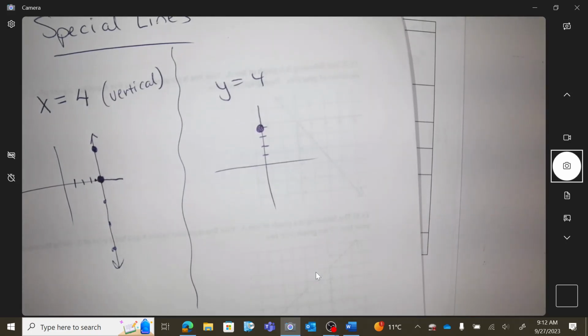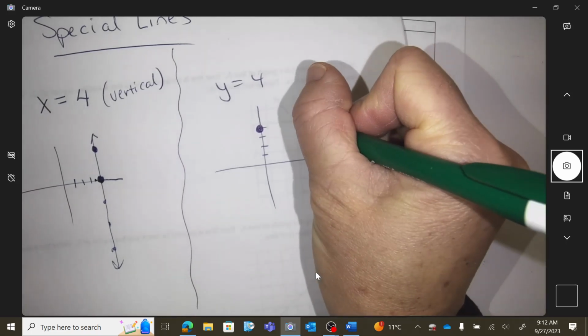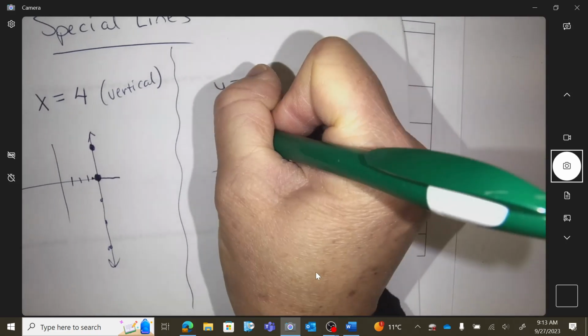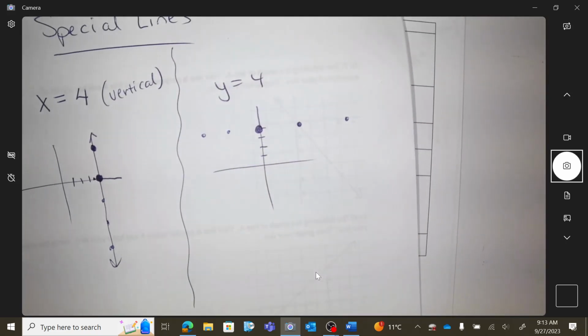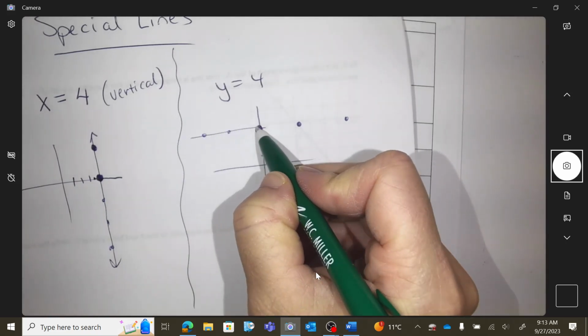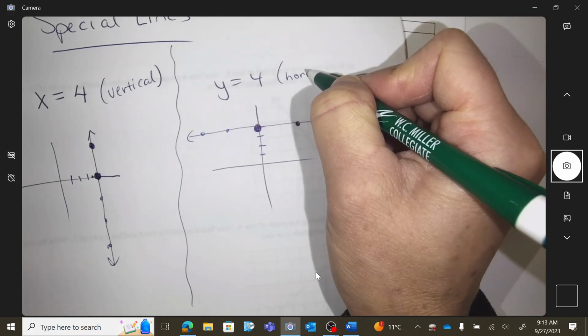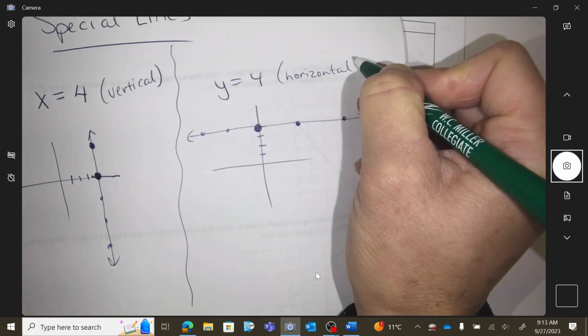Okay, same idea, draw me any other point that has a height of 4. It could be anything. There, there, there, there. Those points all have heights of 4. So what kind of line would it connect? It would be perfectly horizontal.